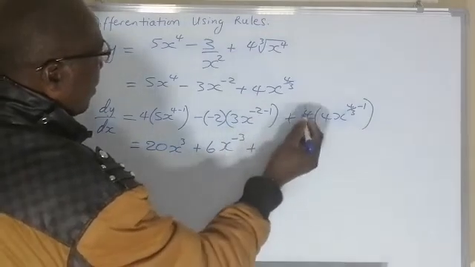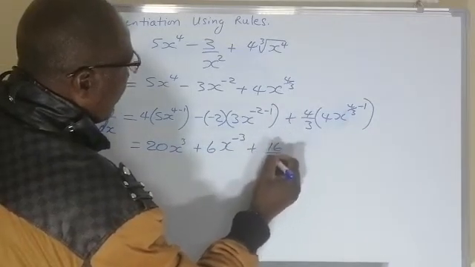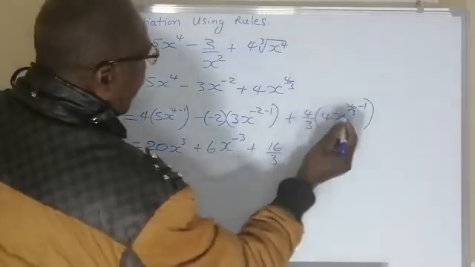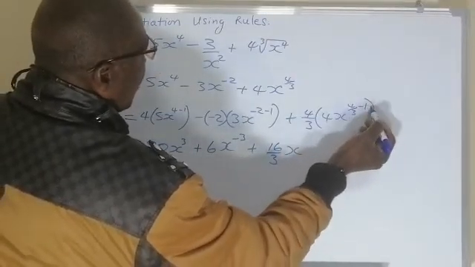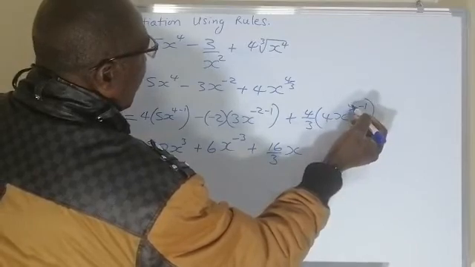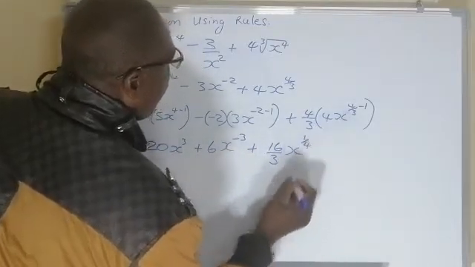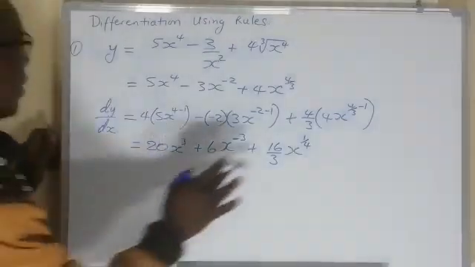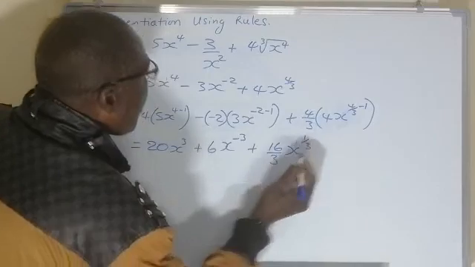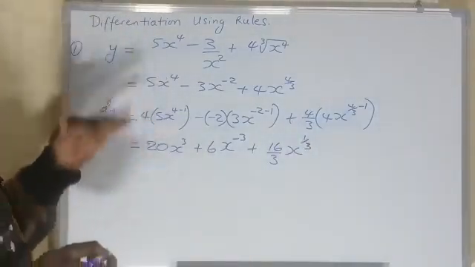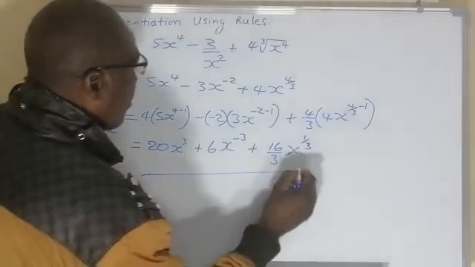Then plus 4 times 4 gives us 16 over 3, and then x to the power 4 over 3 minus 1, it becomes 1 over 3. It's 4 minus 3, right? That's how this can be concluded.